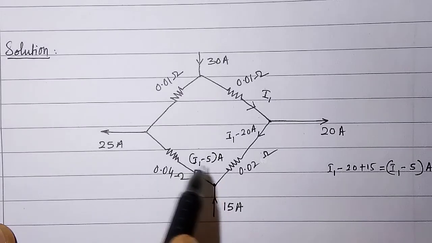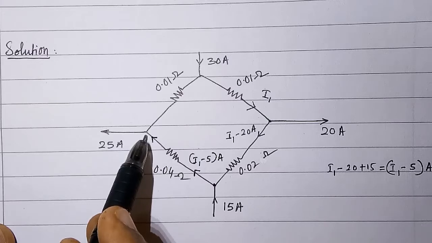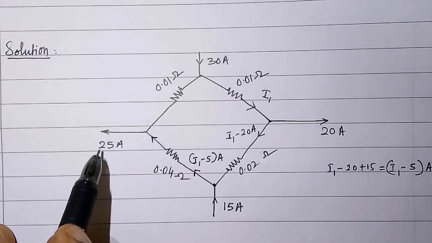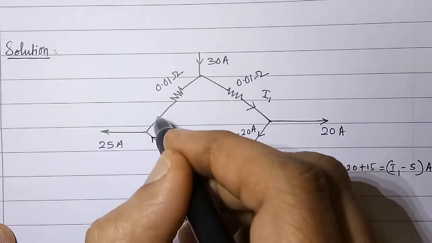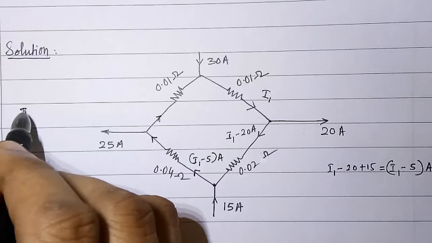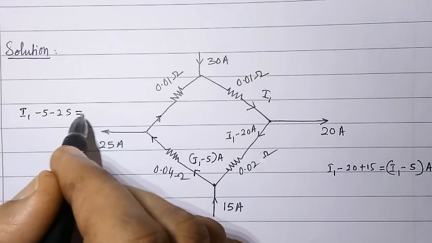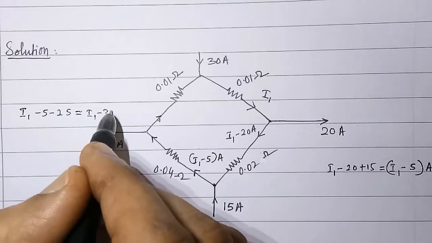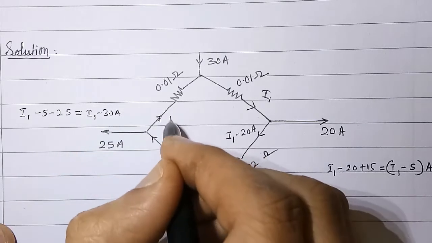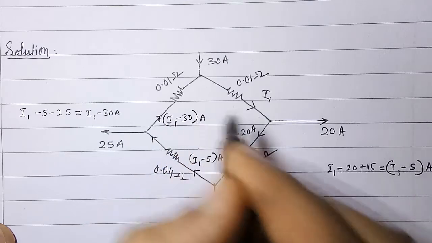Now this I1 minus 5 is the incoming current here, and from this incoming current 25 ampere will go out. So the remaining current will be I1 minus 5 minus 25, that is equal to I1 minus 30 ampere. So here the current is now I1 minus 30 ampere.